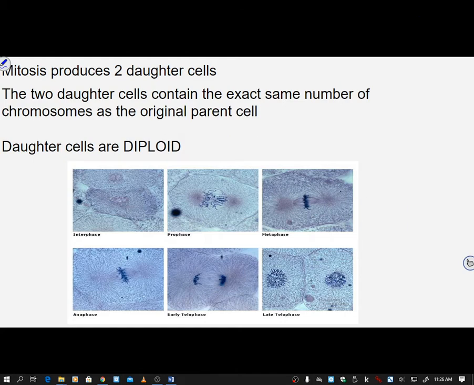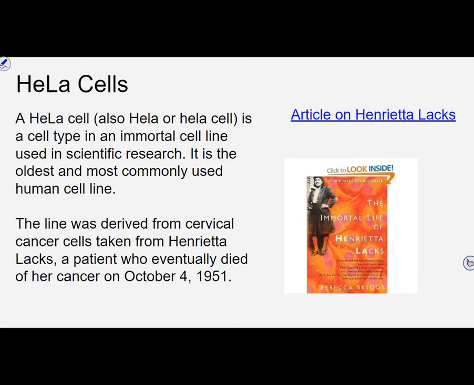Okay, getting there, guys. All right, so HeLa cells. This is really interesting. A HeLa cell is a cell type of an immortal cell line. It's named for Henrietta Lacks. She had cervical cancer, and they took cells from that cervical cancer and studied them.